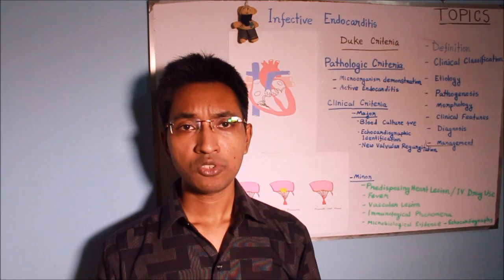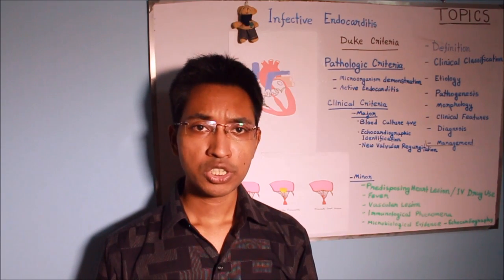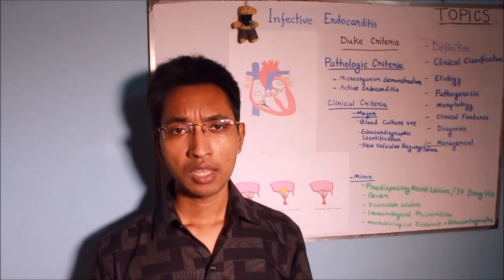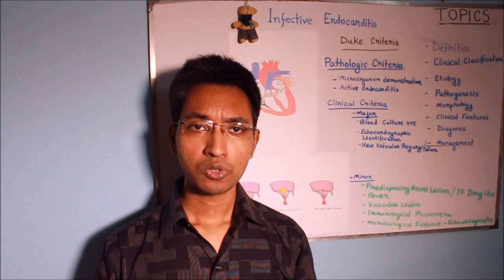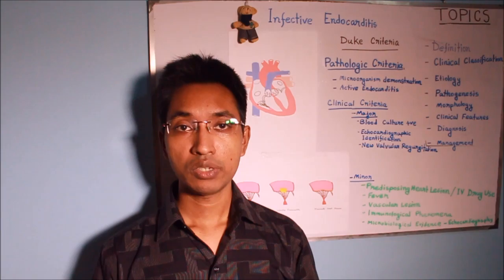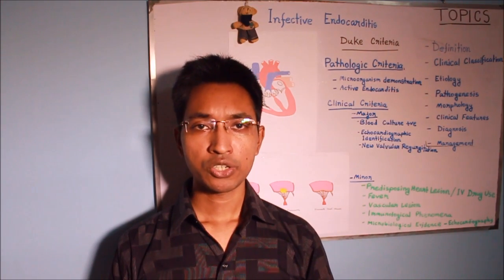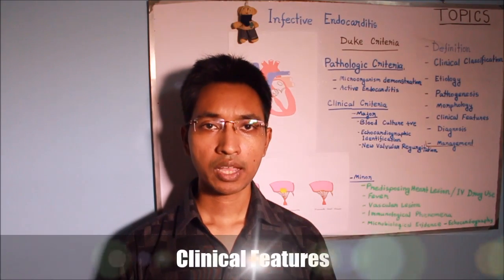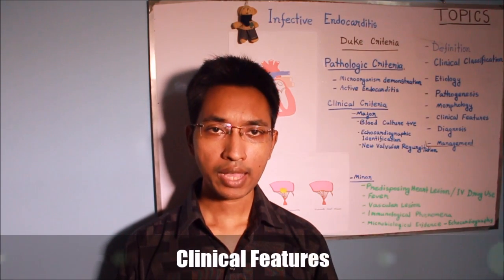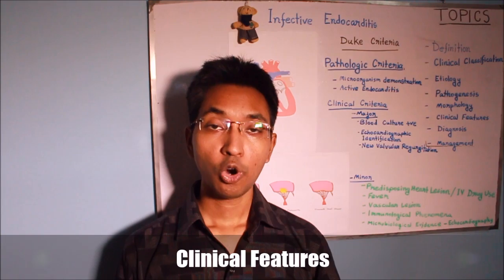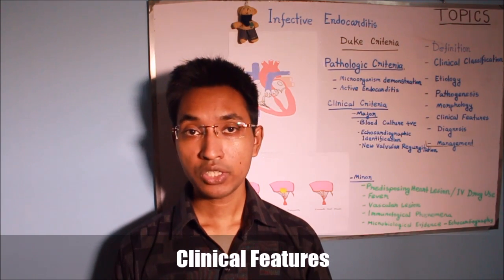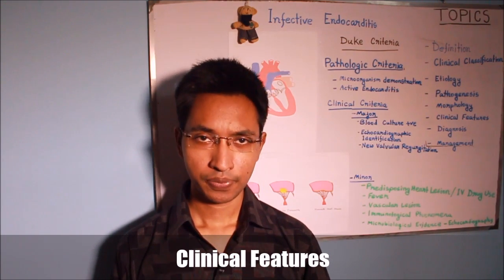So now that we have talked about the morphology of infective endocarditis, now we will move on and talk about the clinical features of infective endocarditis. Now, the clinical features of infective endocarditis can be acute or subacute in nature, and overlapping of these clinical features may also occur.